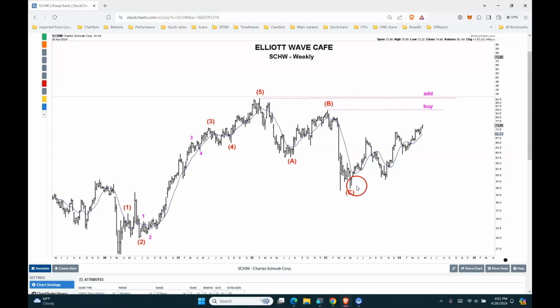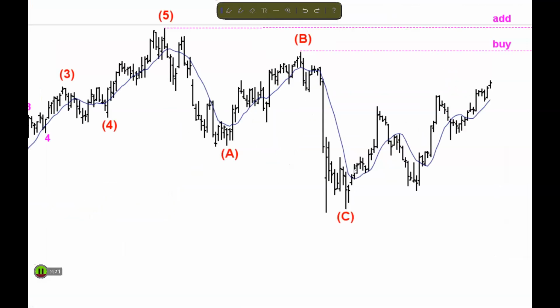And the moment you get above there, you have your first chance to buy the stock. If you can see this candle right there, that close was right at the moving average, so that's a risky buy. But the next one over is the one that you can get into the stock, right?